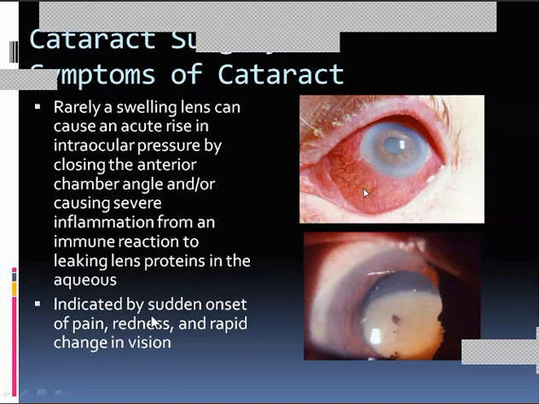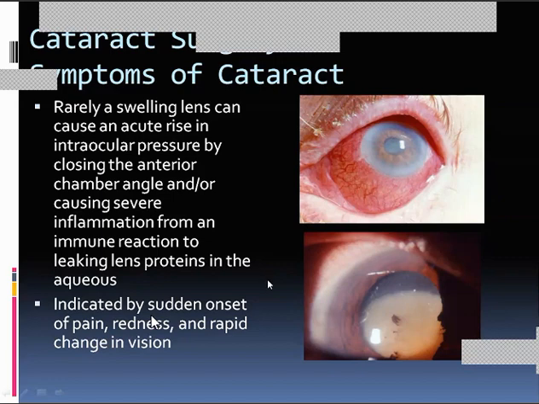The trabecular meshwork inflammation and swelling, and the closure of the trabecular pores by the lens protein, will lead to a rise in intraocular pressure. Okay, so leading to secondary glaucoma.